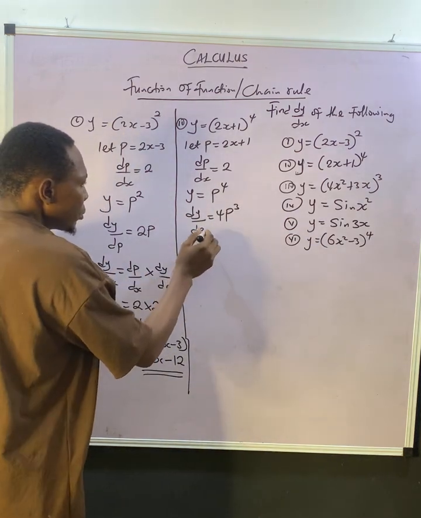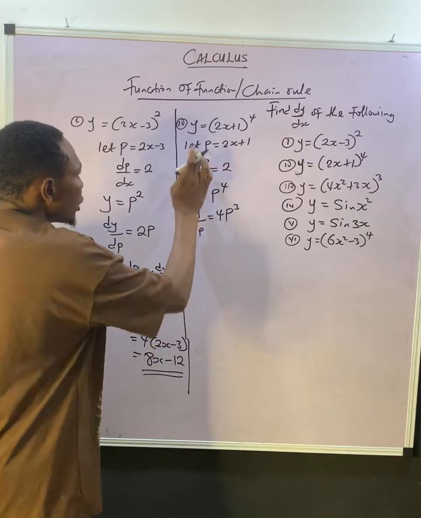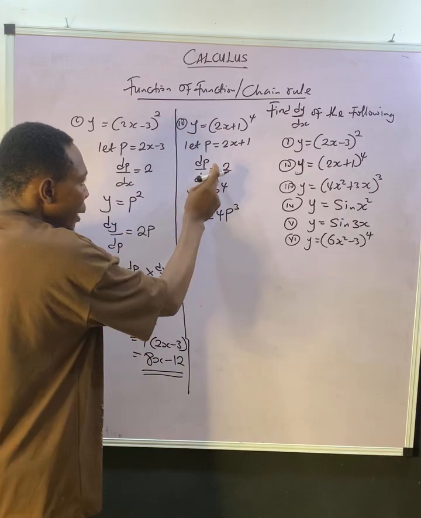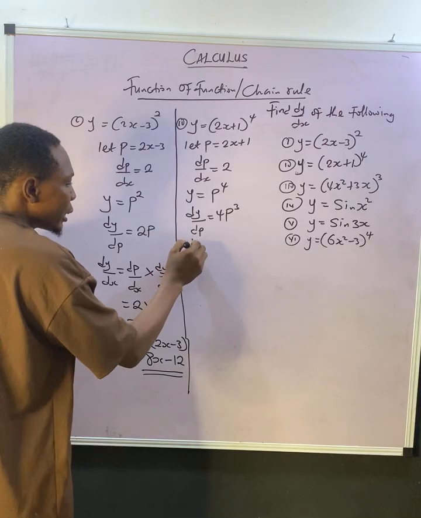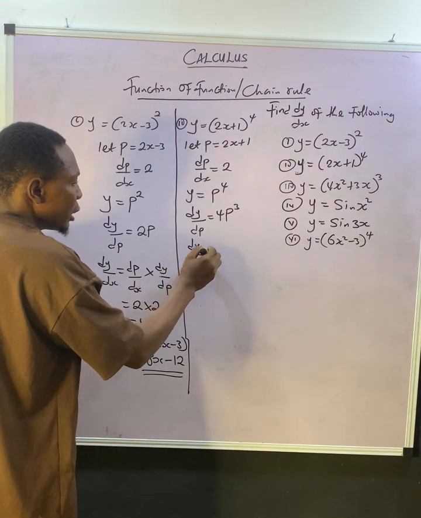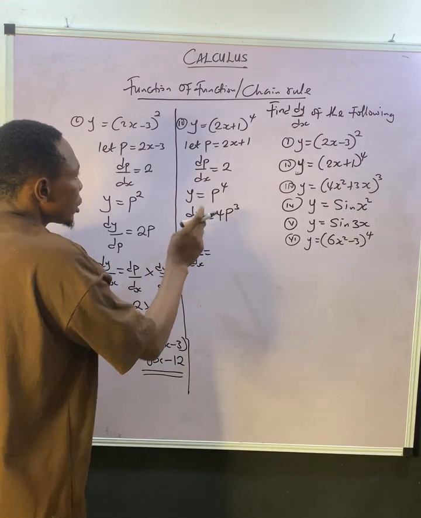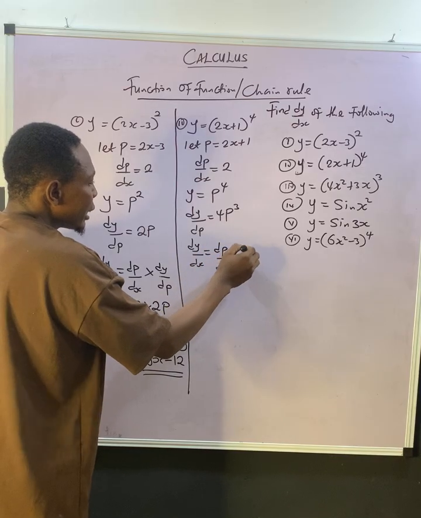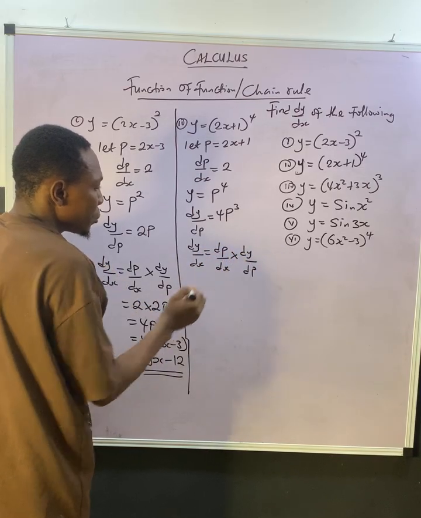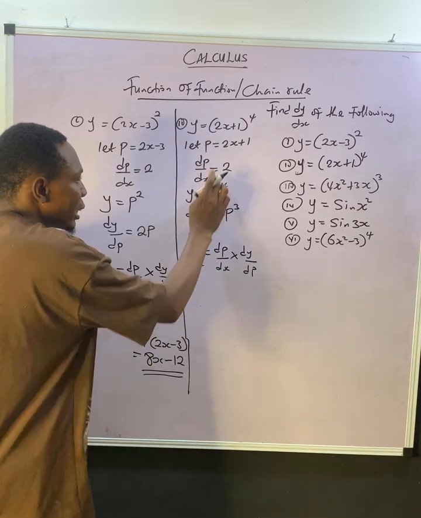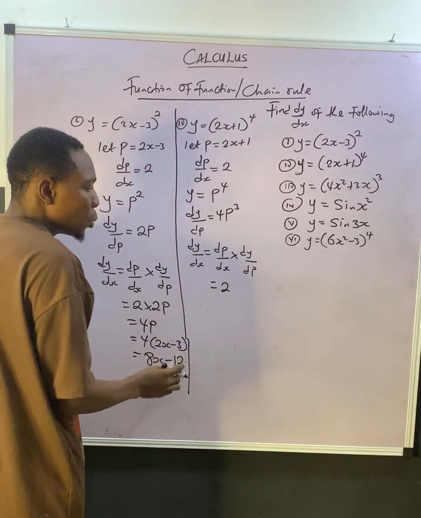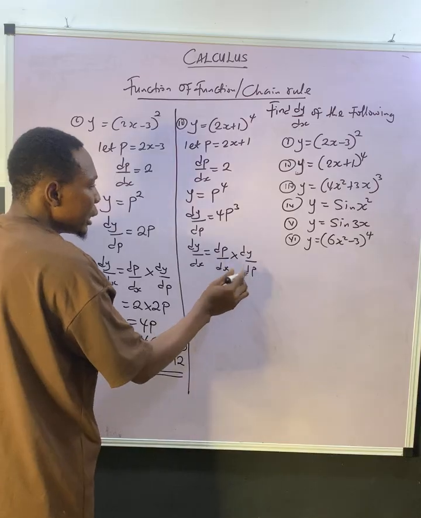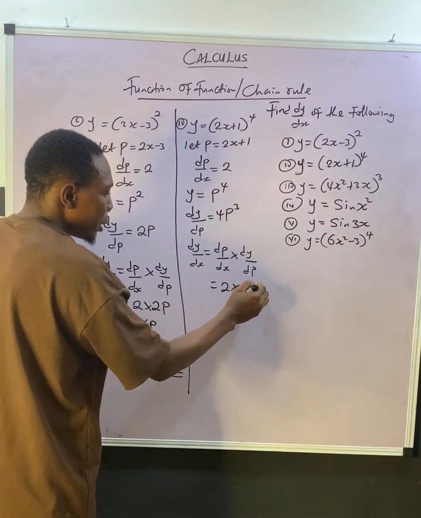To get your dy over dx, you multiply these two together. So our dy over dx is going to be dp over dx times dy over dp. Now dp over dx is the same thing as 2, while dy over dp is 4p cube.